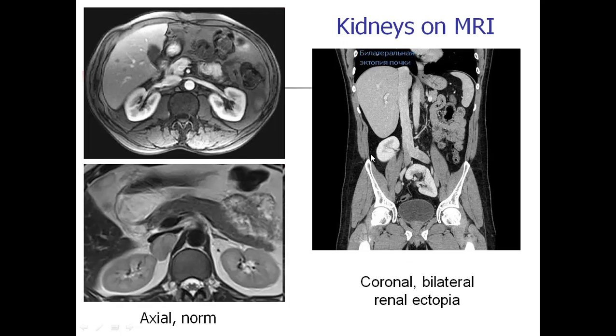You see the image of the right kidney should be a little up, somewhere here, and of course the left kidney should not be found right in the center of the pelvic cavity. Its normal position is somewhere here, near the spleen.